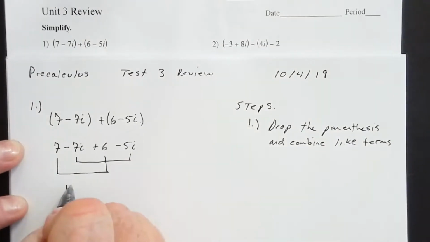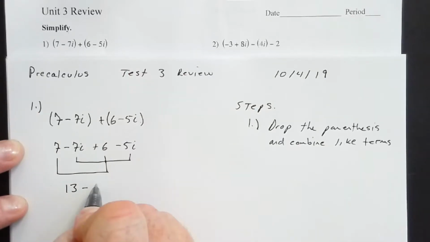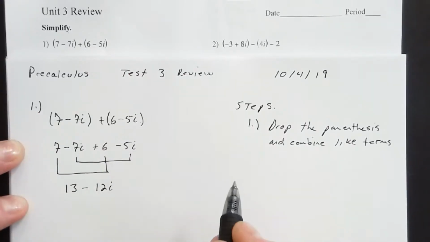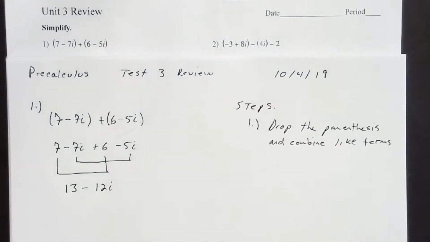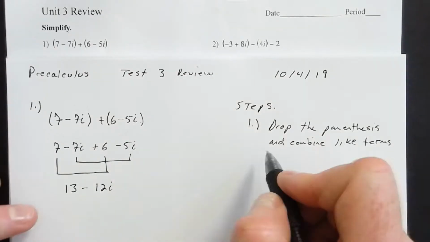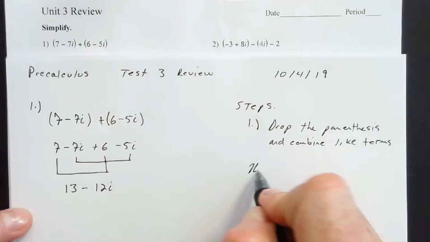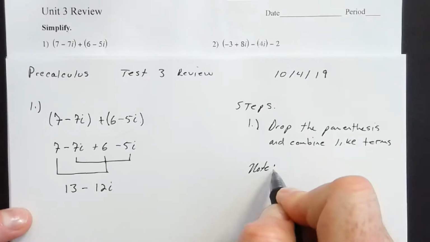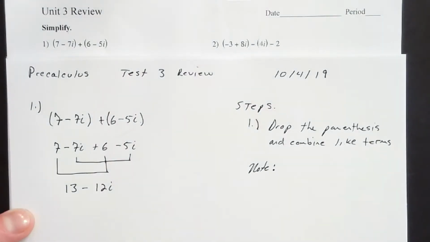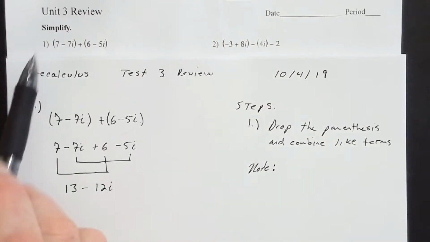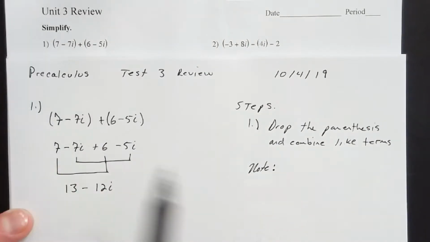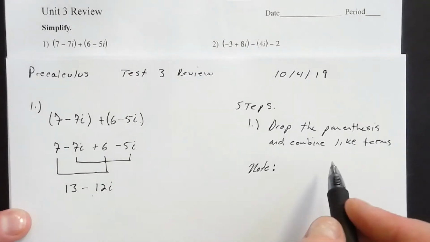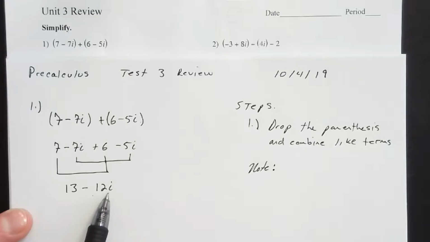So we have 13 minus 12i. A note. The question asks us to simplify. Is this fully simplified? It is, because it's in the general form of an imaginary number.